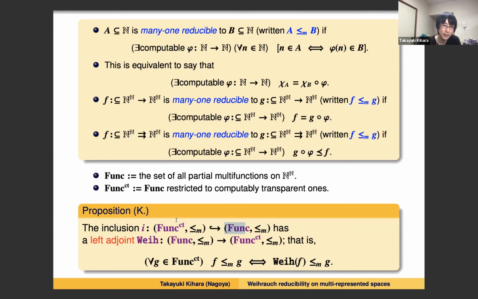Assuming now that they are preordered by many-one reducibility, the inclusion map has a left adjoint.